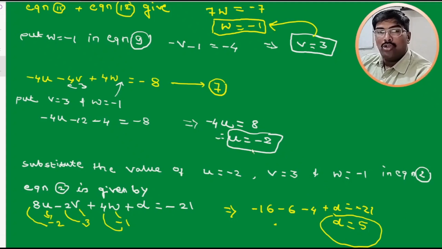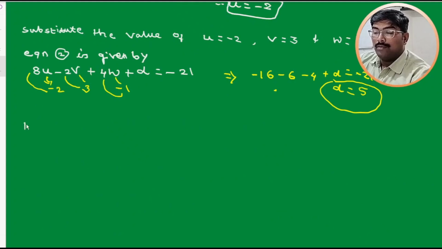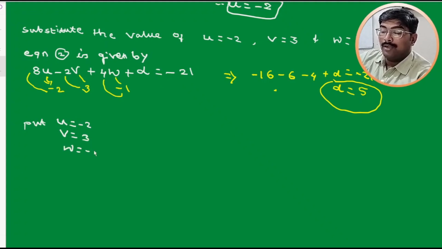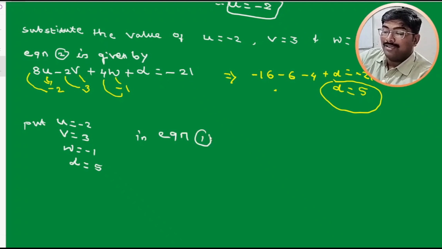At last you have to substitute all the values in equation number 1. Put u is equal to minus 2, v is equal to 3, w is equal to minus 1 and d is equal to plus 5 in equation 1. And what is equation 1?